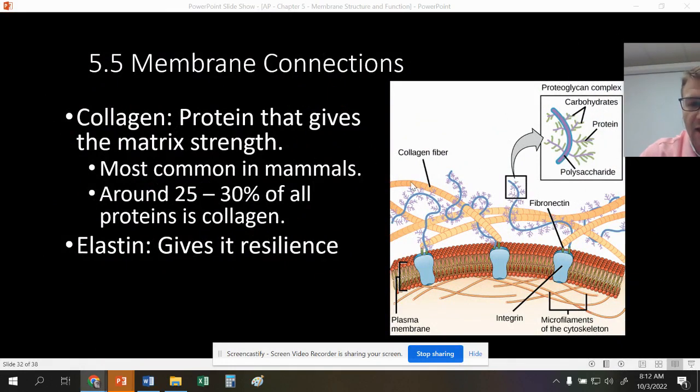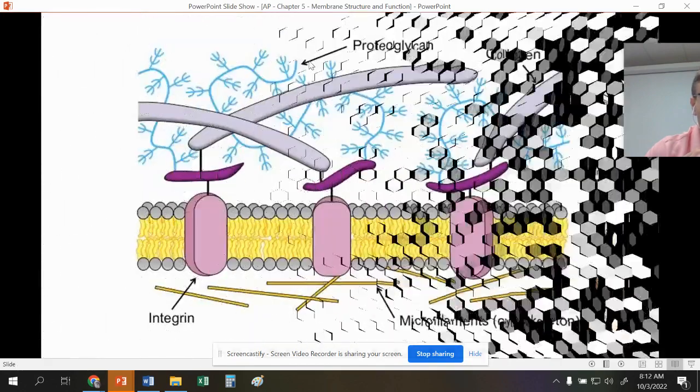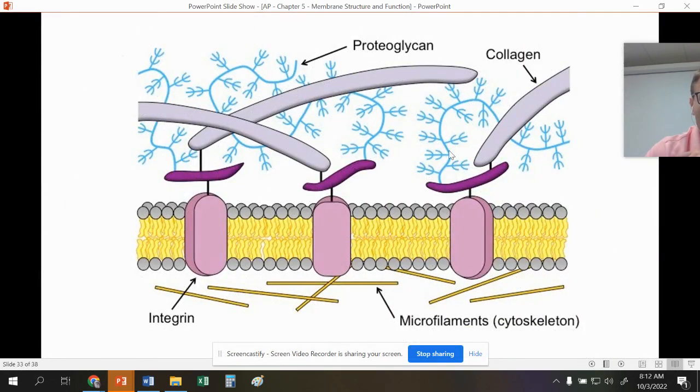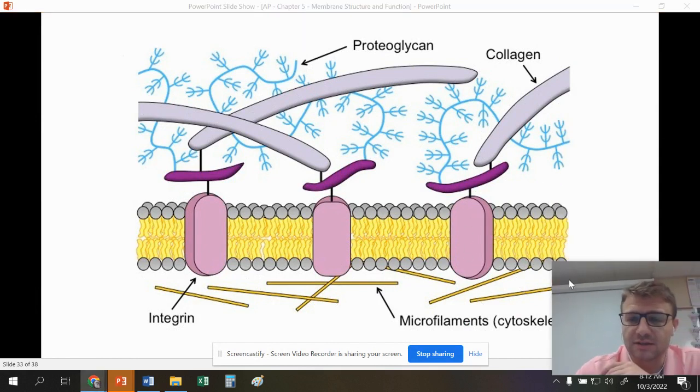It gives a meshwork, a framework, for your cells to bond together to form tissues. Another way of looking at it: you have your collagen and your cytoskeleton, and they are fused together through these membrane proteins.